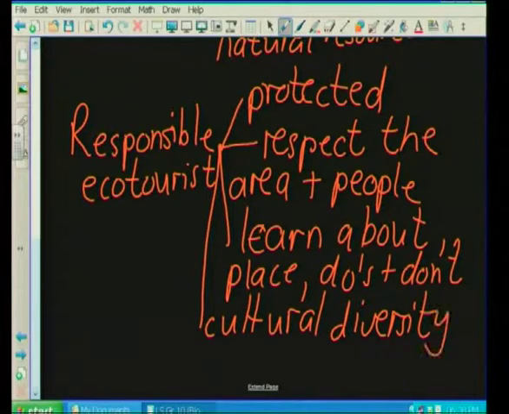For example, the diversity of all our plants and animals, we call it the biodiversity of a country. So we have to learn about that and understand the differences that there are between the people living in that area. So it's all about respecting the place that you go and visit, the people that live there, and understand their cultural beliefs.